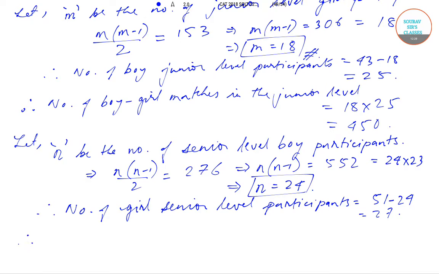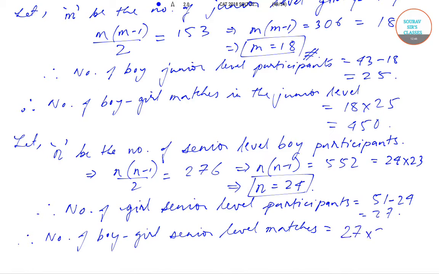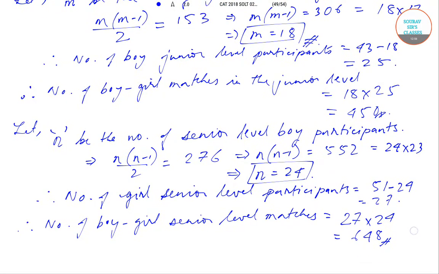So therefore number of boy girl senior level matches is equal to 27 into 24, which is equal to 648. So we had 450 boy girl matches in the junior level, 648 boy girl matches in the senior level.